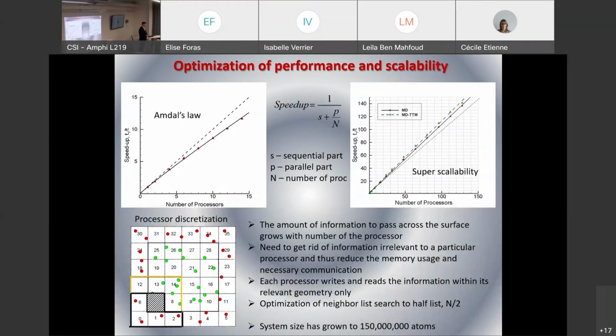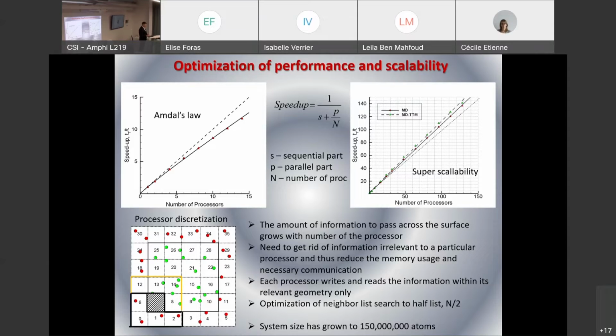And we eventually broke Amdahl's law, which was proposed a few decades ago, and which declared that even with an infinite number of processors, it's impossible to reach a speedup in calculation of more than 100 times, because of the presence of the so-called sequential part, which is not possible to write in a parallel version. But due to reorganization of all this neighbor list search and message passing interface, we removed this sequential part and succeeded even in superlinear scalability of the speedup.